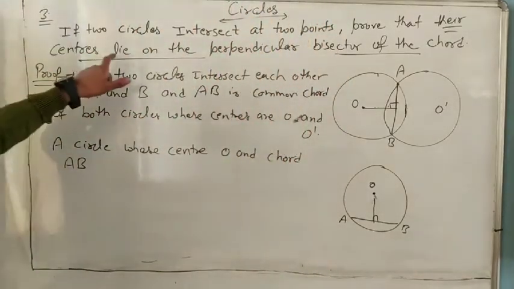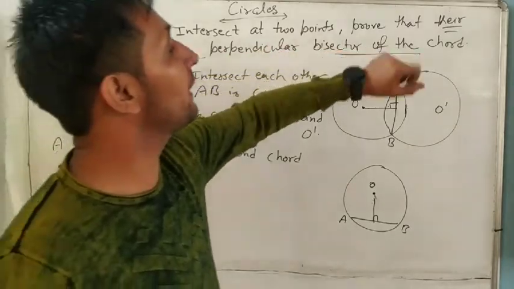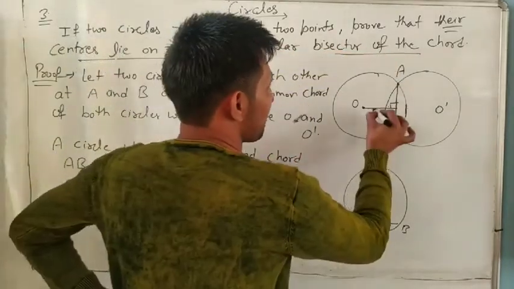And we have to prove that the center lies on the perpendicular bisector. Suppose it is a perpendicular bisector.